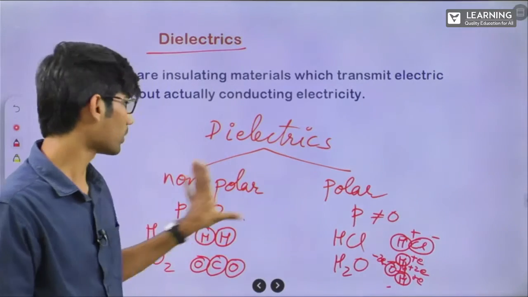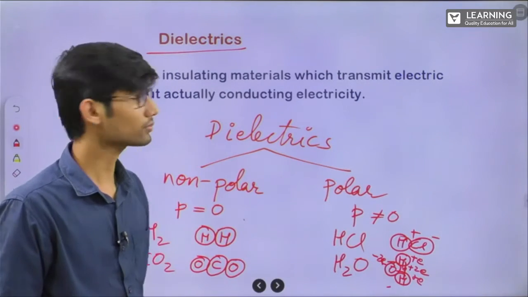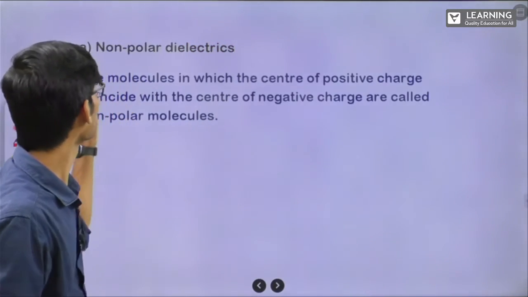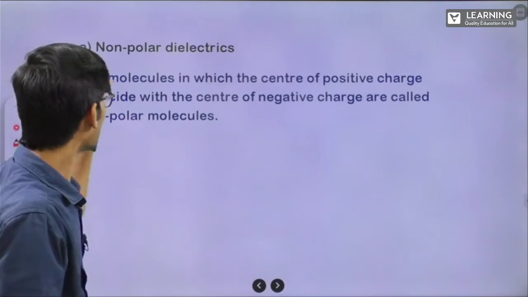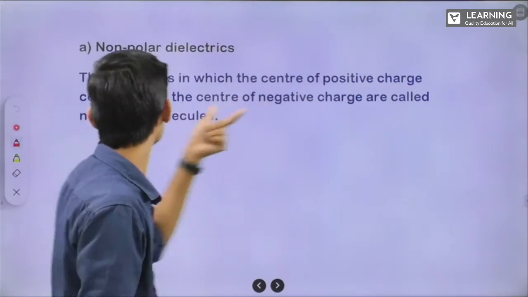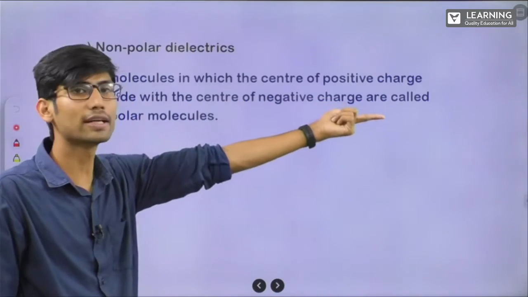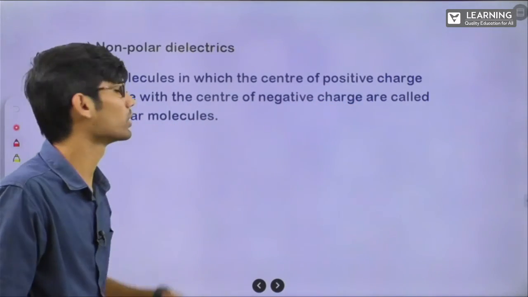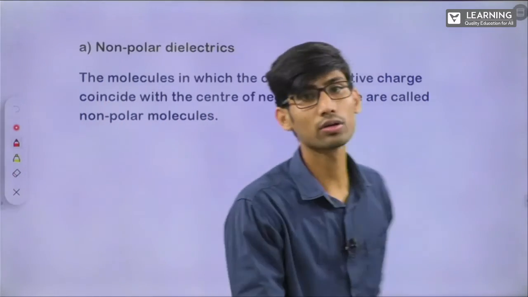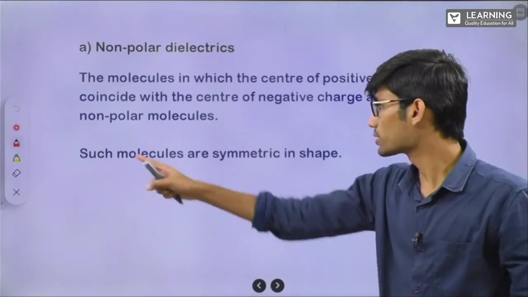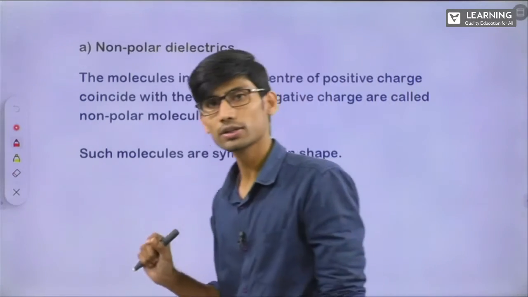Non-polar and polar. Again, if you want to write, you can write non-polar dielectrics. The molecules in which the center of positive charge coincides with the center of negative charge are called non-polar molecules. Such molecules are symmetric in shape.